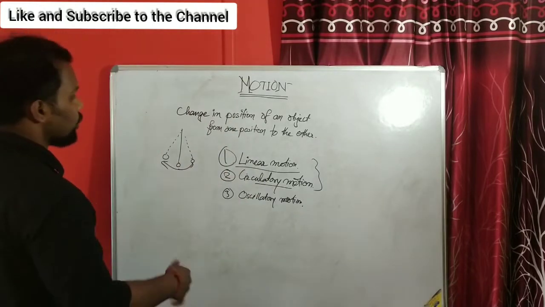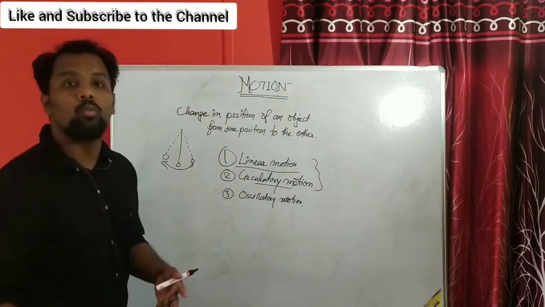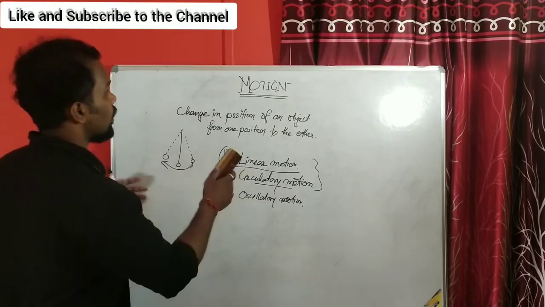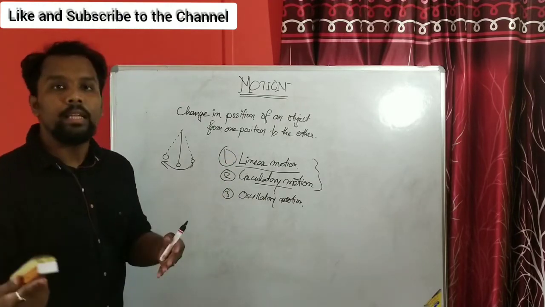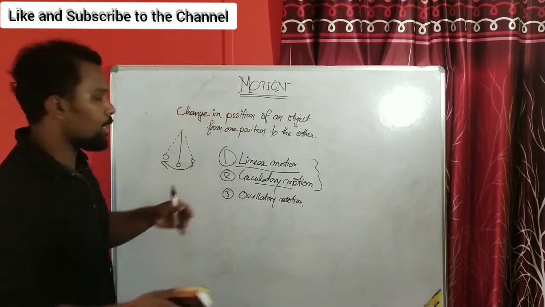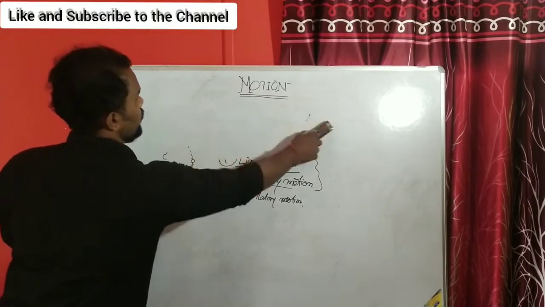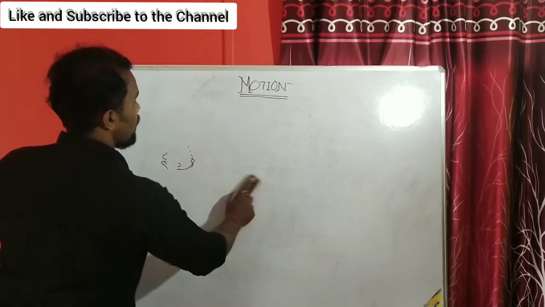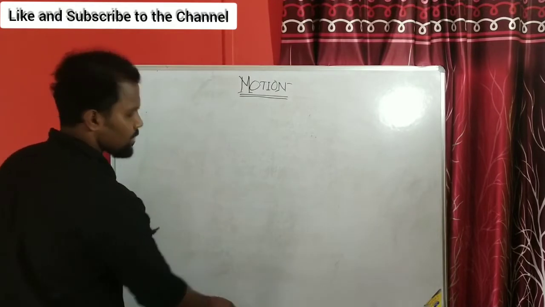Now we will move towards some physical quantities that will be needed when we are discussing motion, right? Have you ever heard about terms like vector quantity, scalar quantity? No?